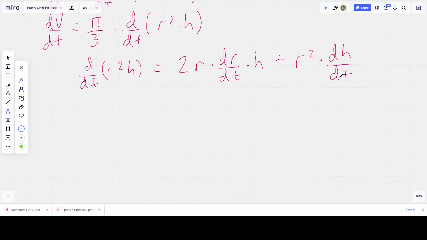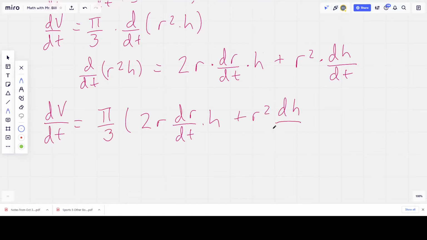So there's the derivative. Now let's put everything back in here. We have dV/dt equals pi over 3 times 2r dr/dt times h plus r squared times dh/dt.